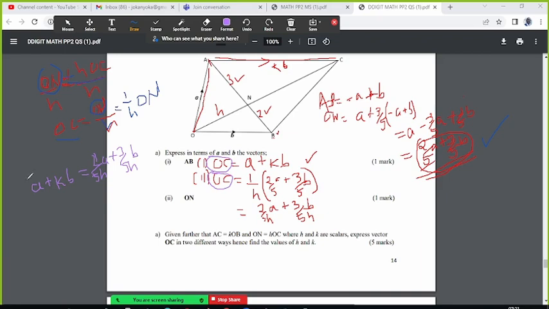Equate corresponding vectors. We equate this one and this.